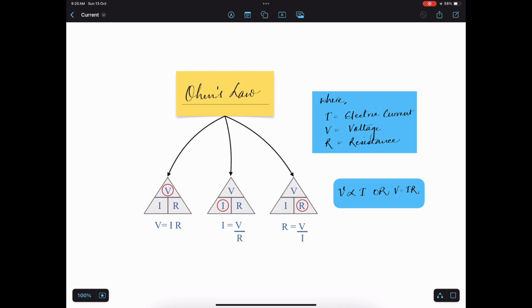There are different representations that we can give with this formula: V equals IR is one, I equals V upon R is second, and R equals V upon I is third. In all of these equations, resistance represents the opposition to the flow of electrons.